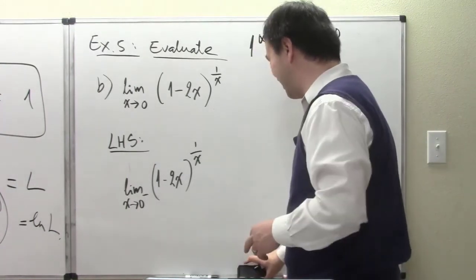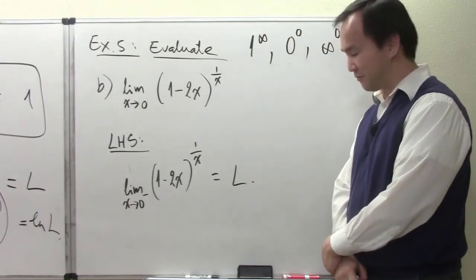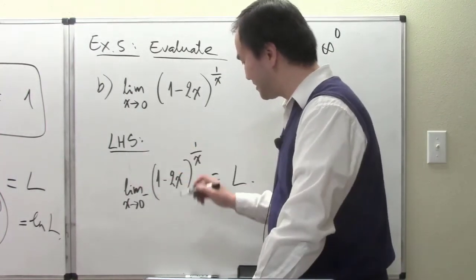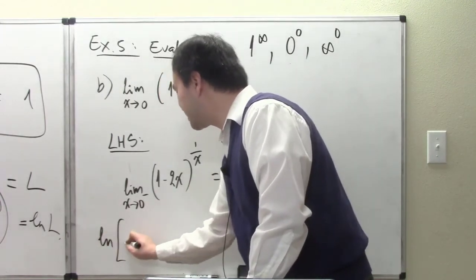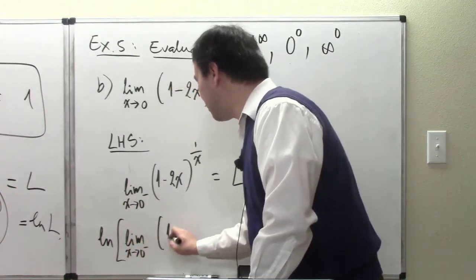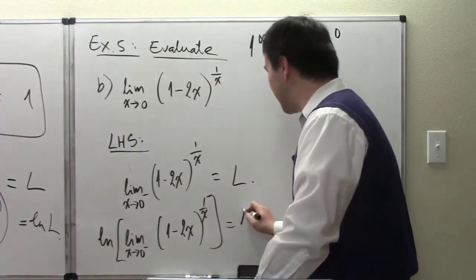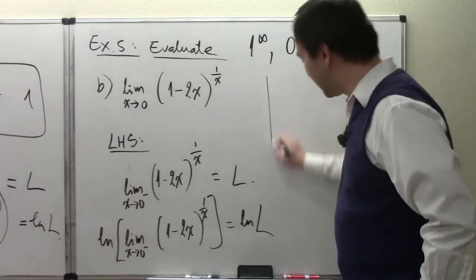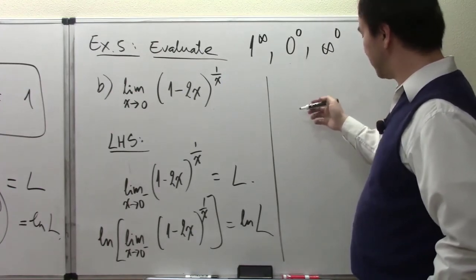Now for this thing, I'm going to say, hey, if that goes to some L value. All right, and so from that point on, just like how we applied the trick earlier, I am now going to take the natural log of both sides: the limit as x goes to 0 from the left-hand side of the natural log of 1 minus 2x to the 1 over x equals the natural log of L. Okay, and so in my next step, allow me to write it in a little narrow space of the board here.